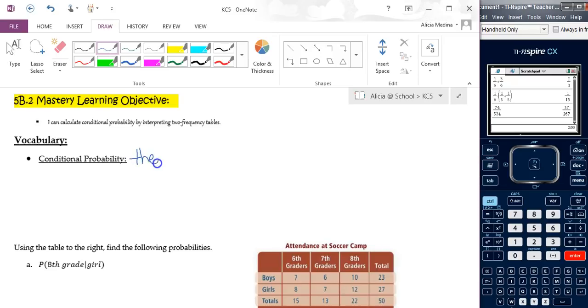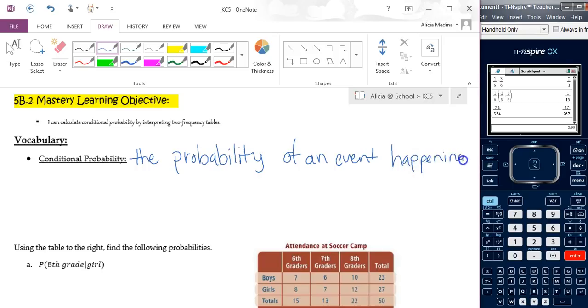So this is going to say the probability of an event happening if you know one event already happened.